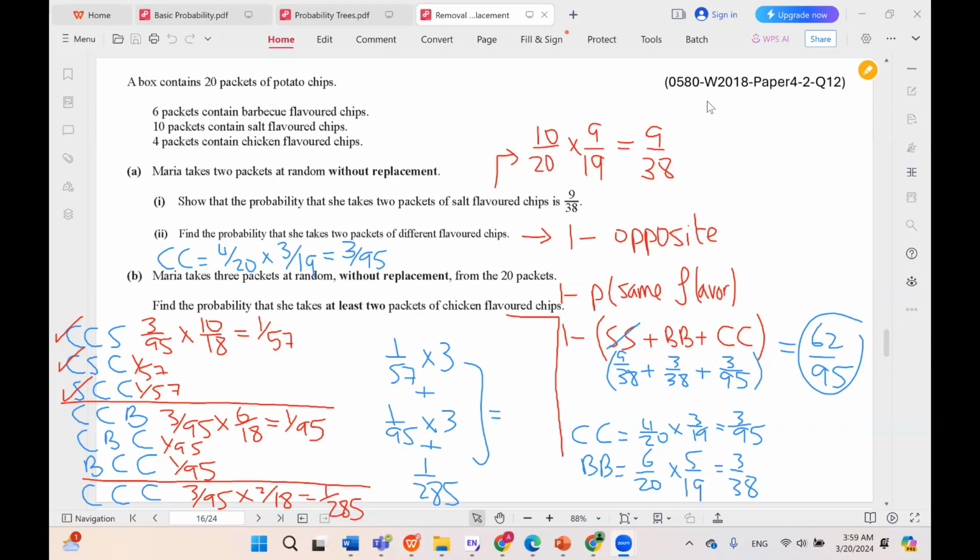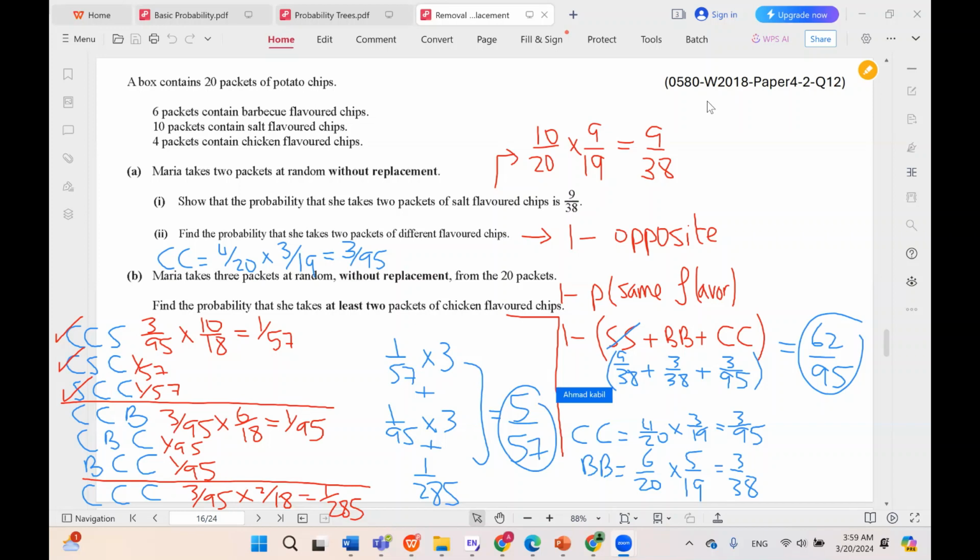So let's write it down on the calculator. 3/57 plus 3/95 plus 1/285. And that gives us 5/57 as a final answer.